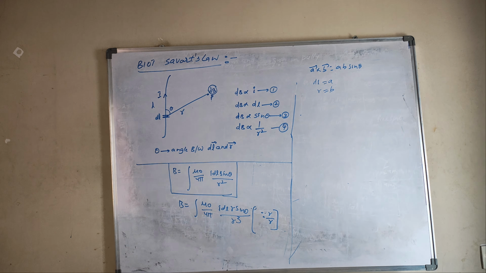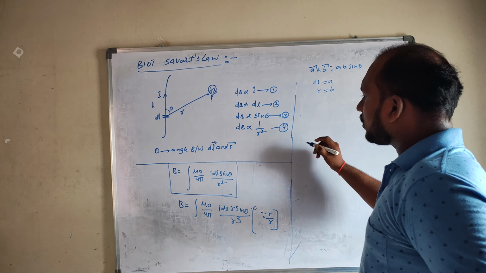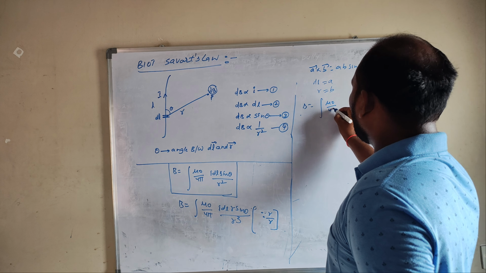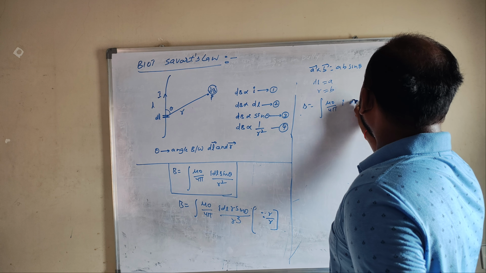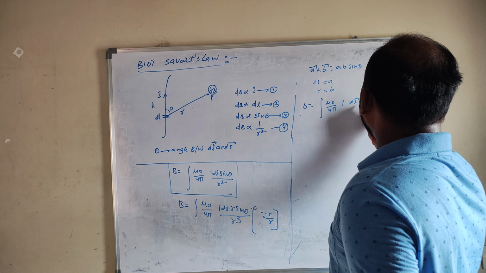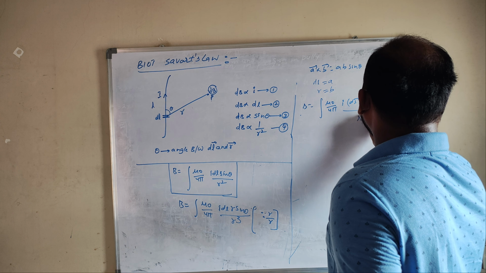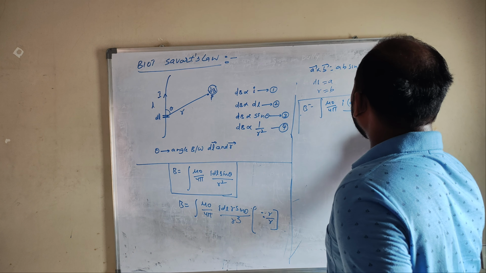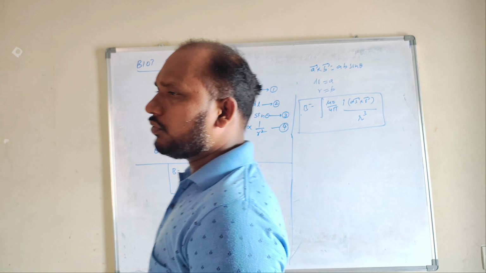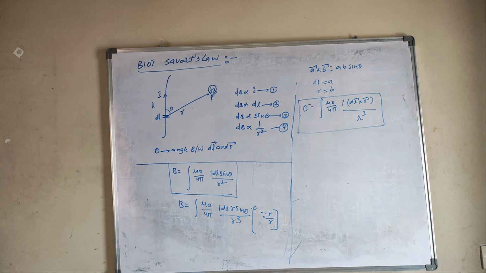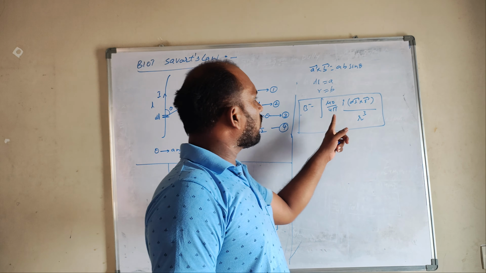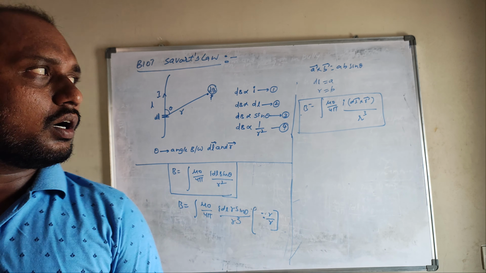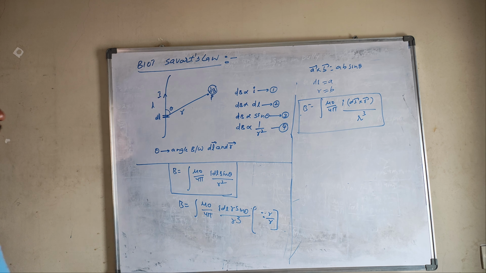So in the form of cross product you write B is equal to the integral of mu naught by 4 pi I dl bar cross r bar by r cube. So this is the vector form of Biot-Savart's law.